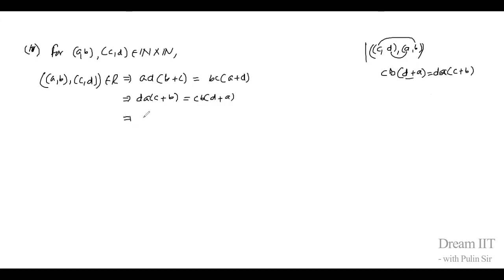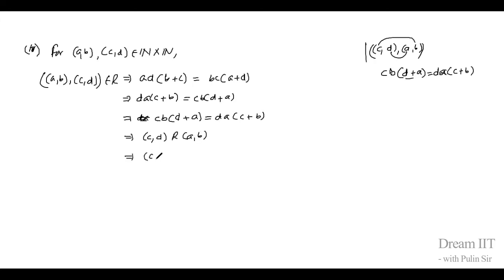And in the next step, what you can do is just the reversal. DA into (C plus B) equal to CB into (D plus A). So this is going to give you (C, D) related to (A, B).